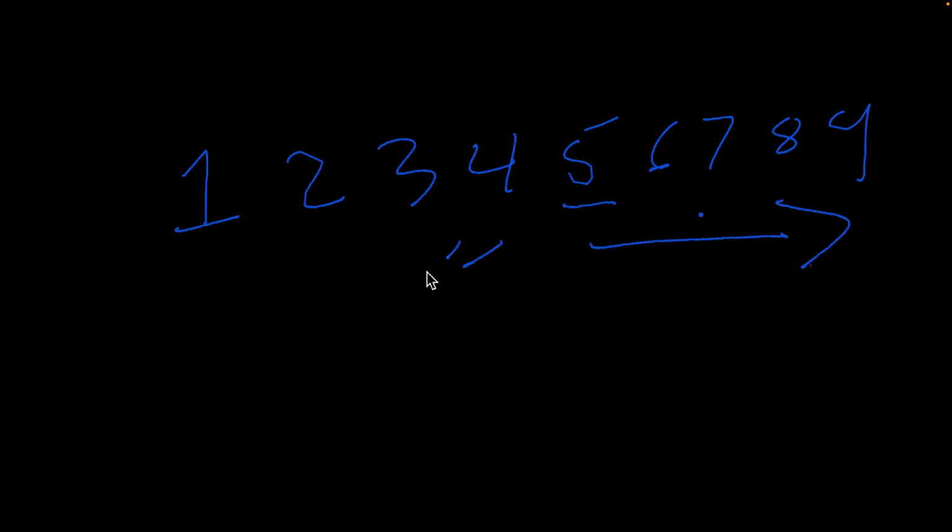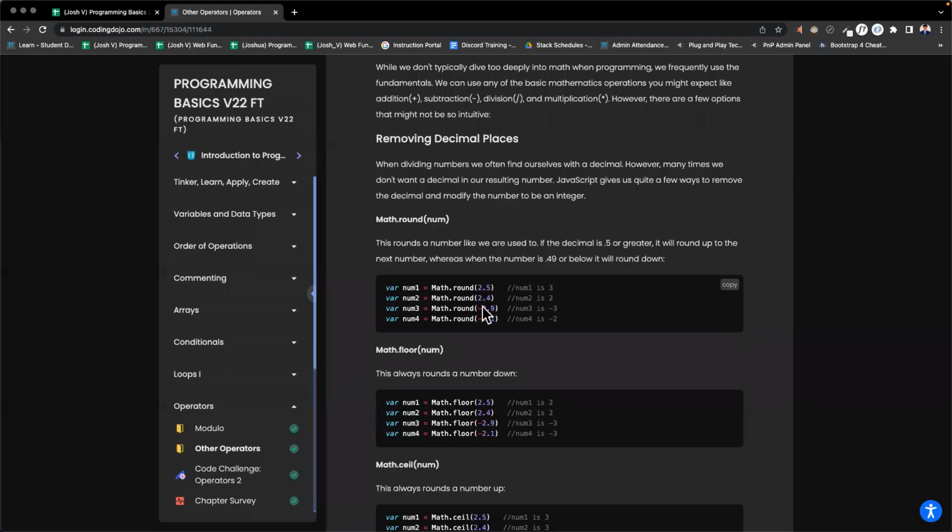Anything below 5, we round downwards. So if we say Math.round 2.5, it goes up to the nearest whole number, which is 3, because 5 rounds upward.